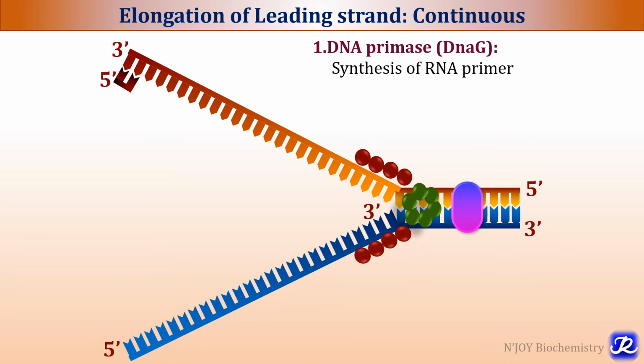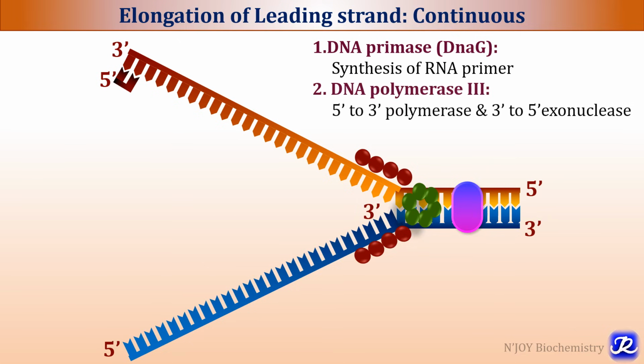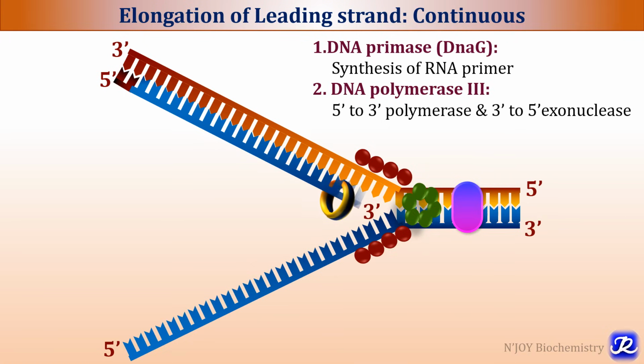Now with the help of this RNA primer, the DNA polymerase 3 enzyme, which has 5' to 3' polymerase activity, can synthesize the DNA strand complementary to the template strand. DNA synthesis on the leading strand occurs in 5' to 3' direction by the activity of DNA polymerase 3.